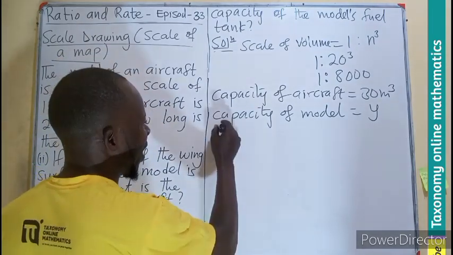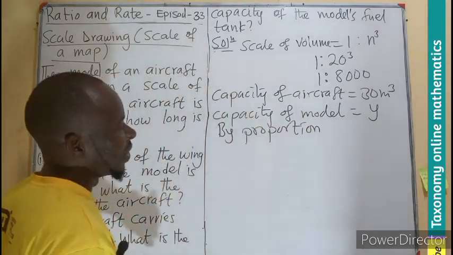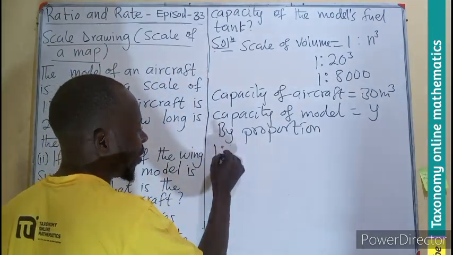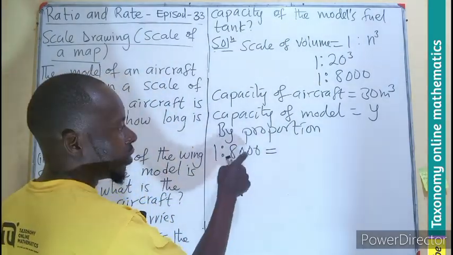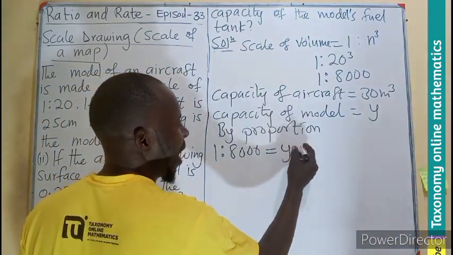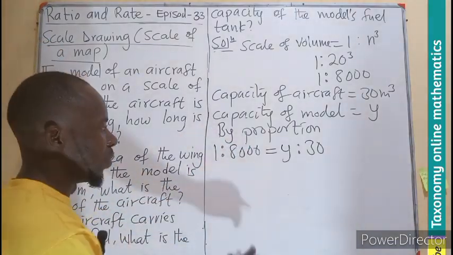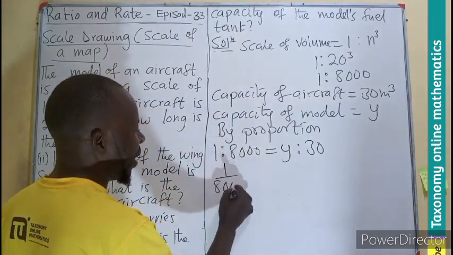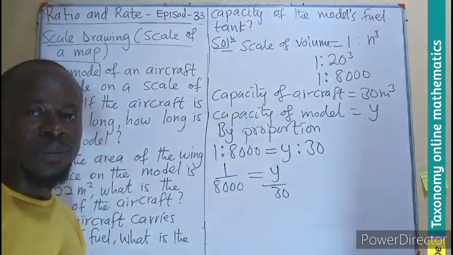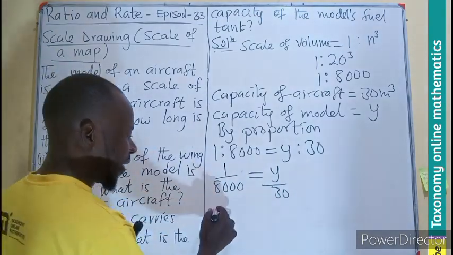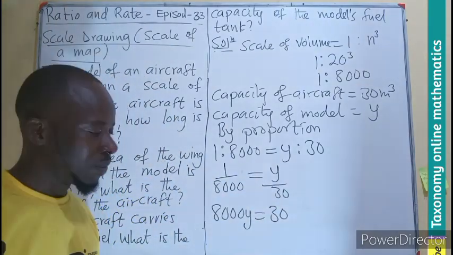So in this case, we can write that by proportion. Picking 1:8,000 equals model to airplane: y is to airplane, 30. So we can write this as a fraction: 1 divided by 8,000 should be equal to y divided by 30. I believe you see we can cross multiply to have 8,000y equals 30.